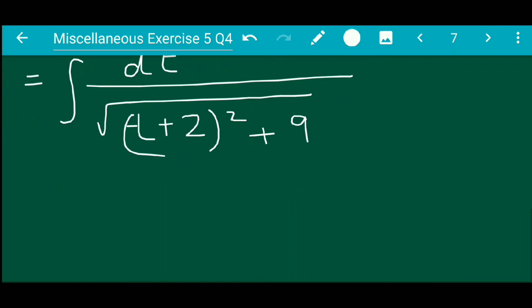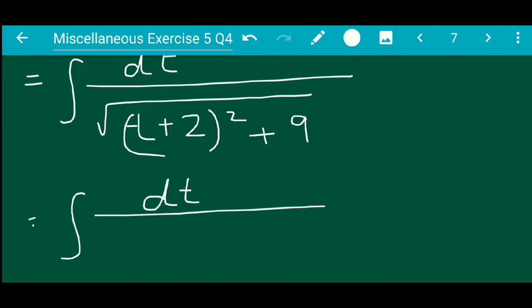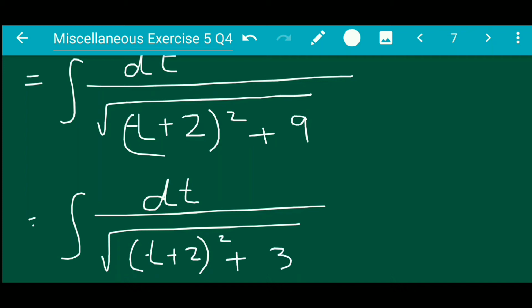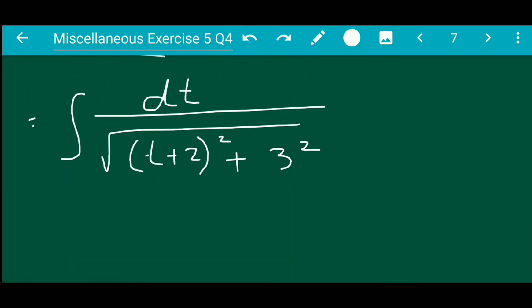Thus we get the integral of dt upon root of t plus 2 the whole square plus 9, which is 3 square. This is of the form 1 upon the integral of x square plus a square dx, isn't it?